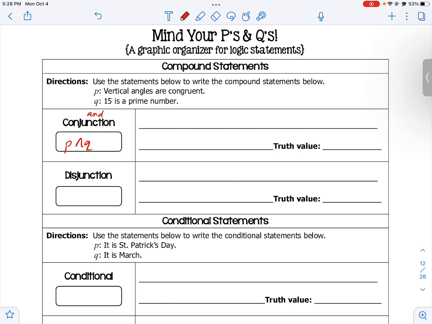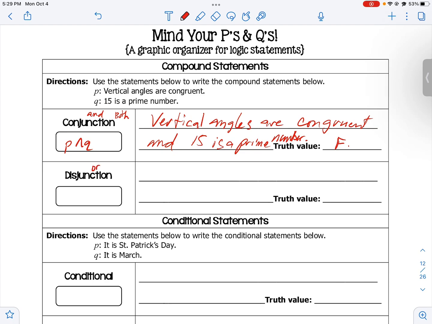So it's P and Q. So, vertical angles are congruent and 15 is a prime number. They both have to be true, and is a both. Vertical angles are congruent, but 15 is not a prime number because 3 times 5 makes 15, so that's false.